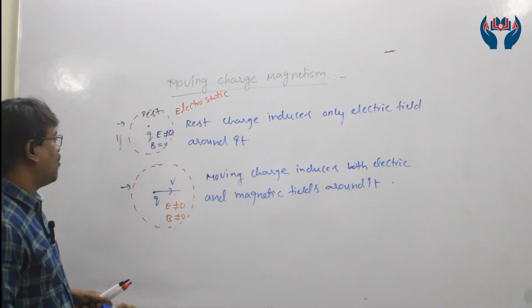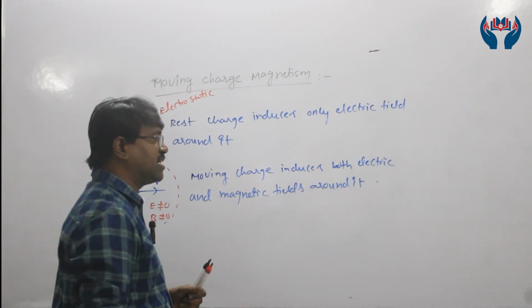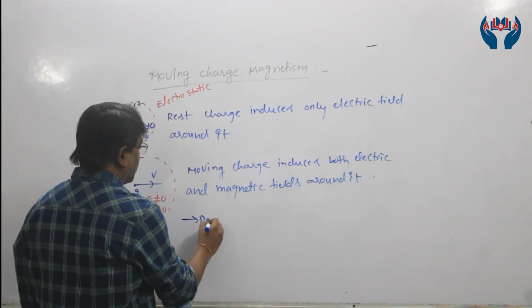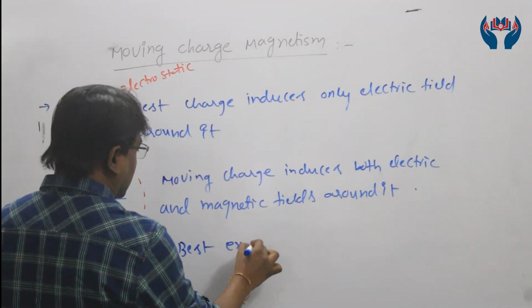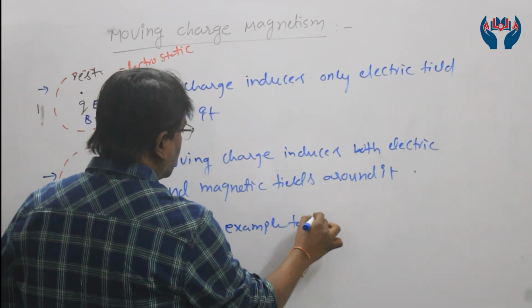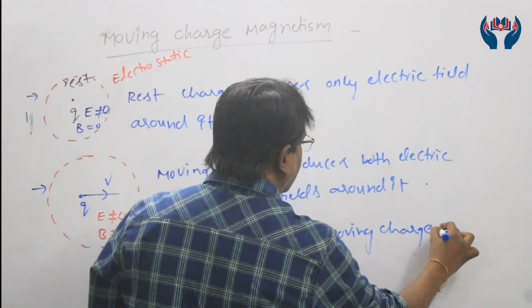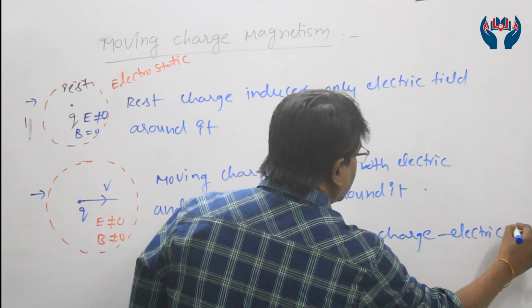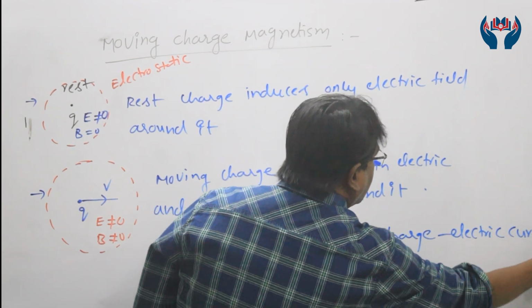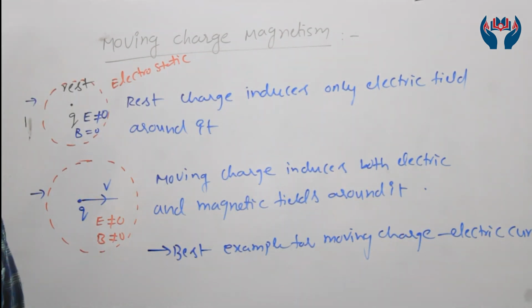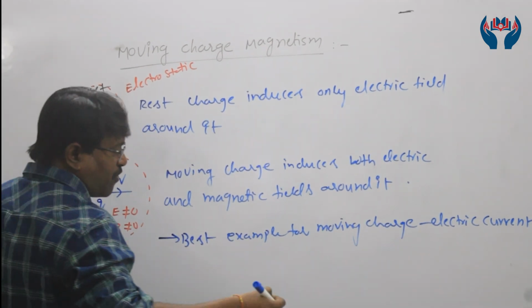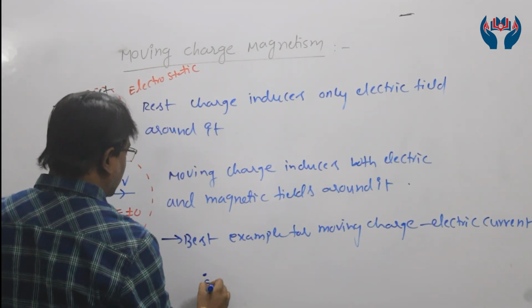What is the best example for moving charge? That is electric current. The rate of flow of charge carriers is called current.